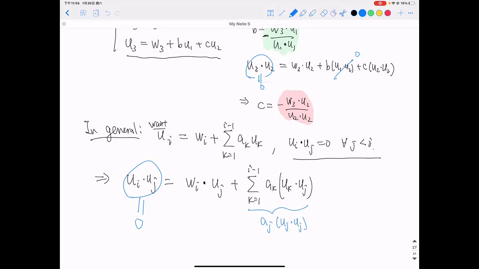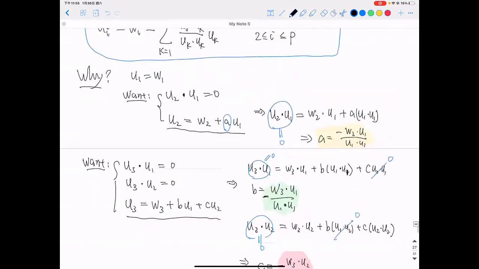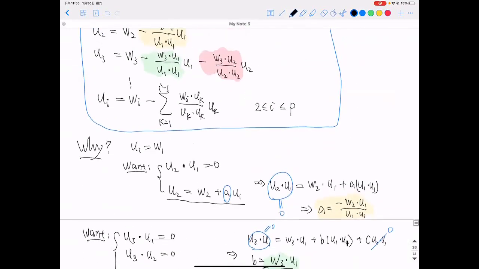So that means A_j is negative Wi dot Uj divided by Uj dot Uj, which is what we wrote here.